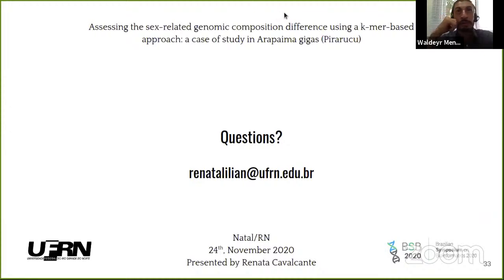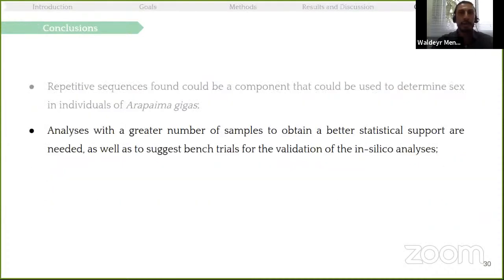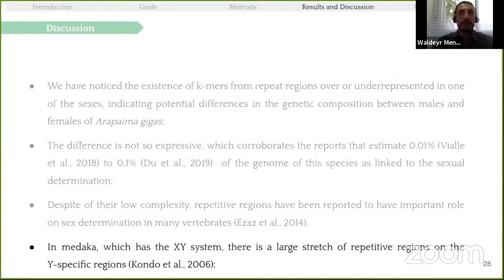I was curious about the last thing you showed. You say that there are other fish species that have some large regions that can be used to determine the sex, but this does not occur in Arapaima gigas, right?